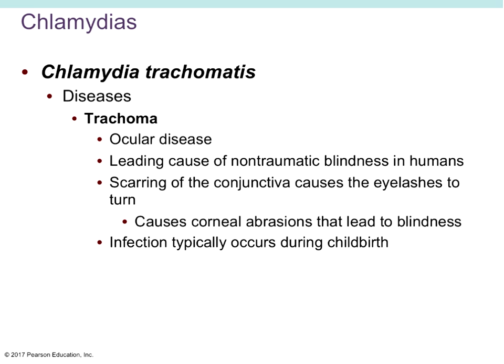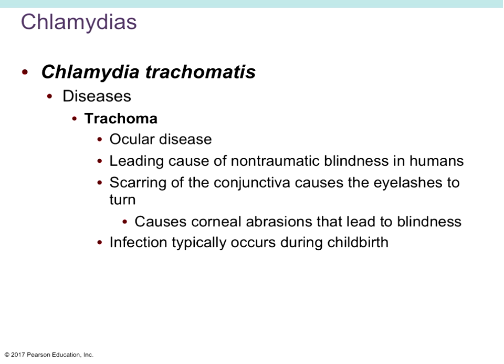So the next class of disease caused by the same strain of Chlamydia trachomatis is trachoma, which is the ocular disease. And as I said before, it is the leading cause of non-traumatic treatable blindness in humans. What's happened here is that the bacteria are scarring the conjunctiva, which causes the eyelashes to turn inward.